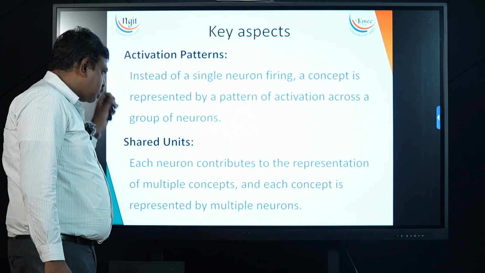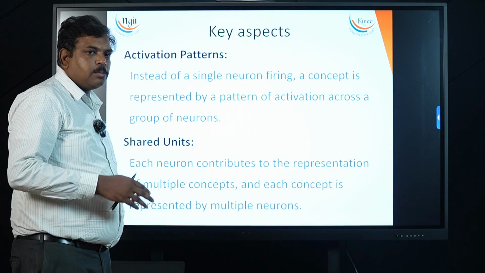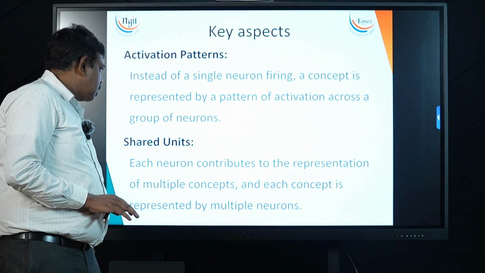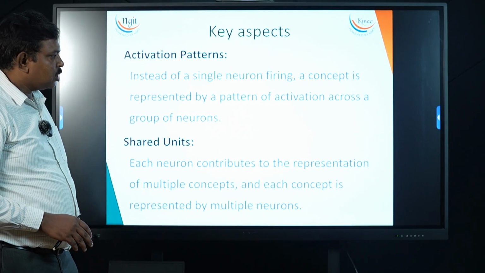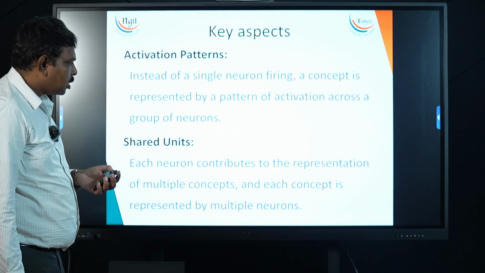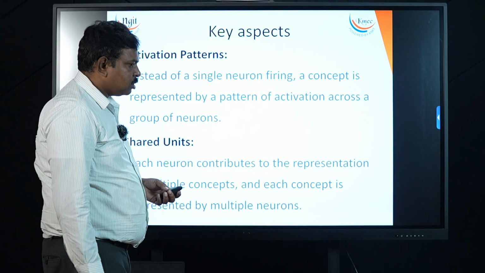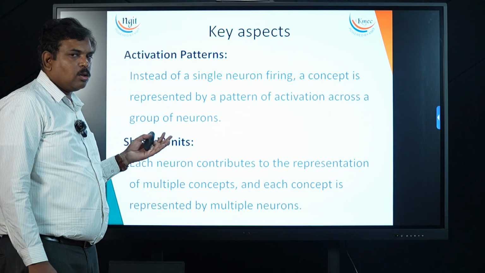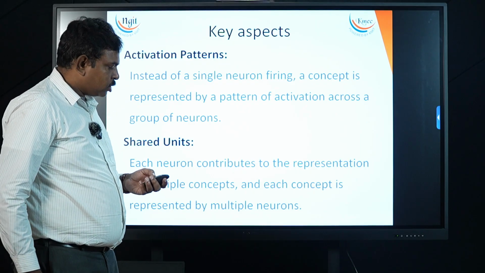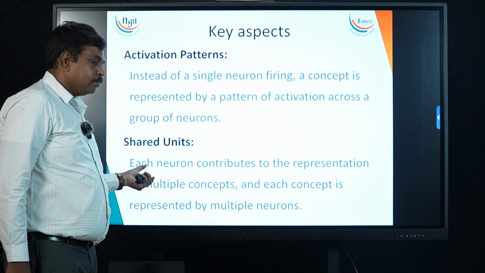Each neuron contributes to the representation of multiple concepts, and multiple neurons represent each concept, so that if there is any damage to one neuron, it won't affect the entire processing of other neurons. If information is lost in one neuron, we can get that information from another neuron through some kind of concept. That is the advantage of using shared units.